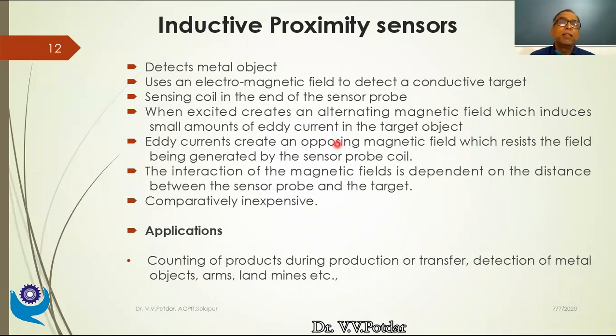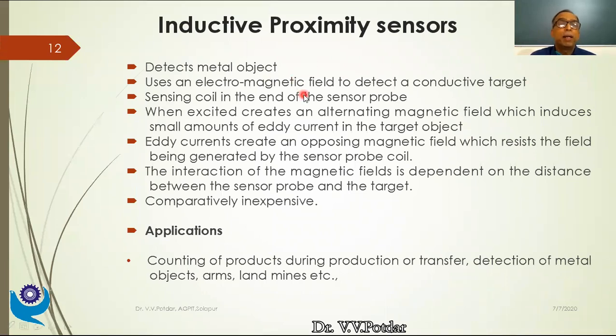The only limitation of inductive proximity sensors is that they can detect only metallic objects, because the magnetic field generated by my sensor should be affected by a metallic obstructing object, whose close proximity is to be ascertained.